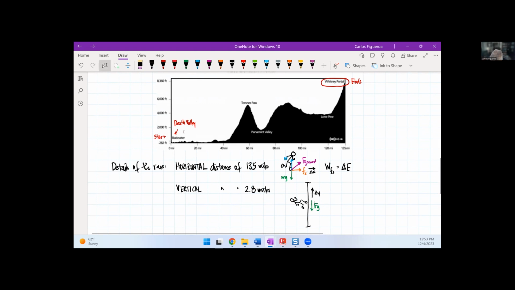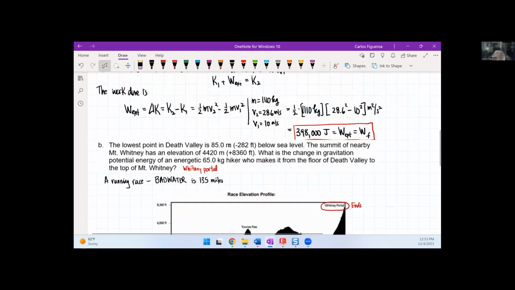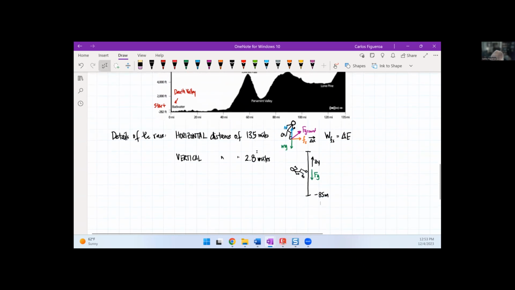So in this picture, we're going from minus 85 meters, and then I think they said that the height change was 4220, and then we're going to go to a height of plus 4220 meters. That's what we're paying attention to. So we now know what we're actually doing here. The negative work of gravity is going to change the energy, and the way we call this energy is the gravitational potential energy.